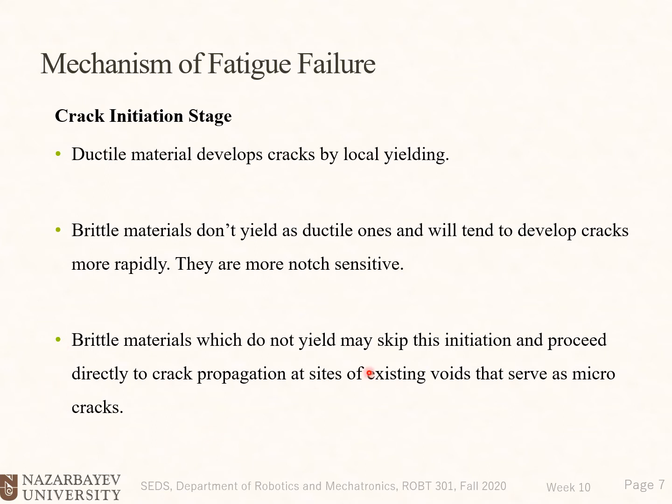Okay, so there are some existing voids or displacement in the lattice of the material, and that's a part where we have stress concentration, and microcracks will develop at those parts, and then we have a crack initiation. So crack will start anyway for ductile or brittle materials when we have a local yielding or stresses above ultimate tensile strength locally.